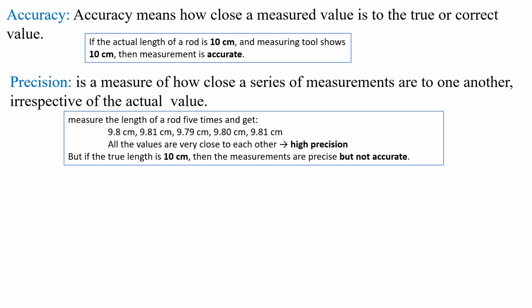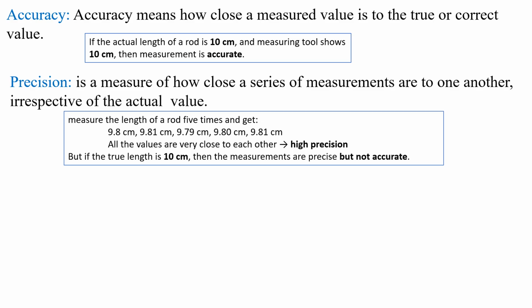Let's consider we get the values 9.8 centimeters, the second time 9.81 centimeters, the third time 9.79 centimeters, the fourth time 9.80 centimeters, and the fifth one 9.81 centimeters. Observe here, all the measured values are close to each other. So we say that this is high precision.